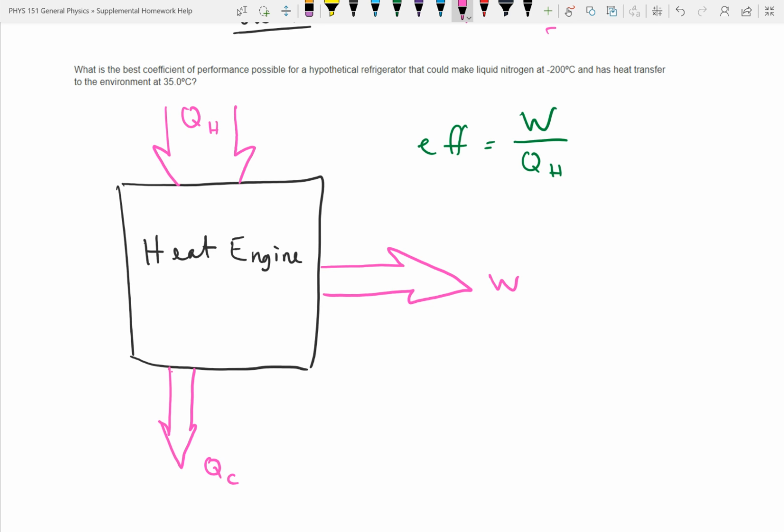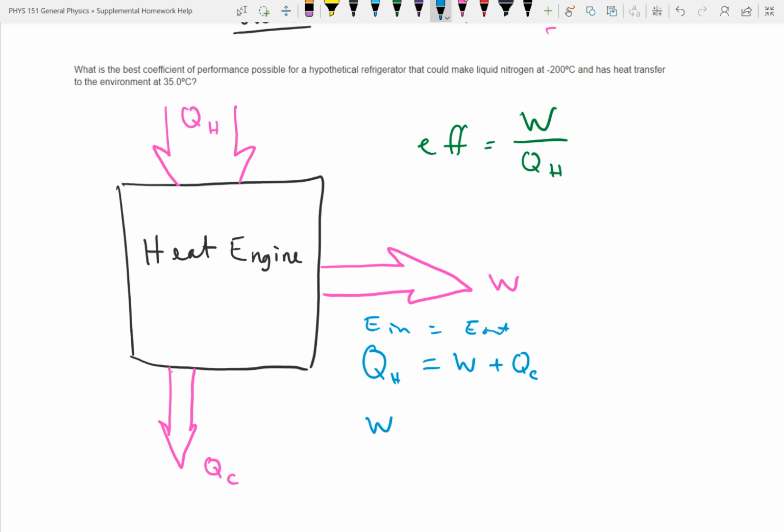And so looking at this diagram, we can once again just use the first law of thermodynamics to say that the energy in is equal to the energy out. So we have the energy in is Q high. The energy out is work plus Q cold. So energy in equals energy out.